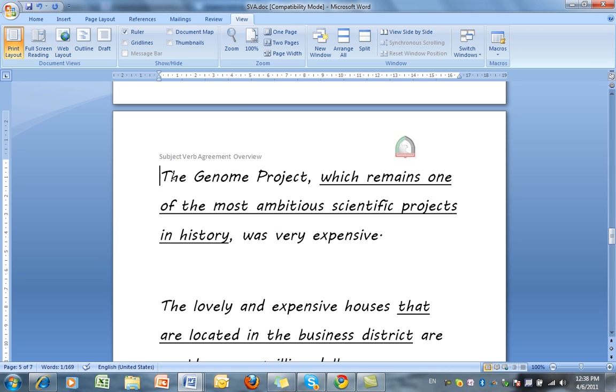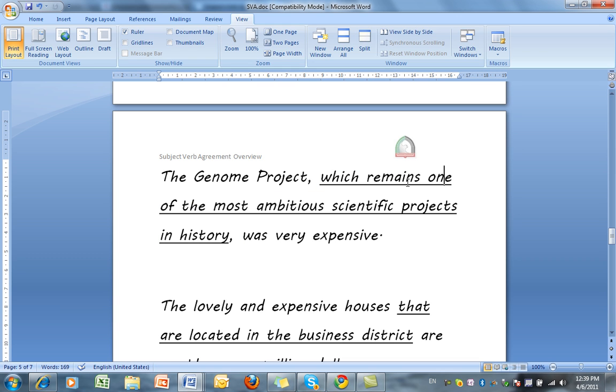So in other words, the project was very expensive. This relative clause, which is non-restrictive, is parenthetical in nature, which means it doesn't have to be there. So the project remains. The project was.